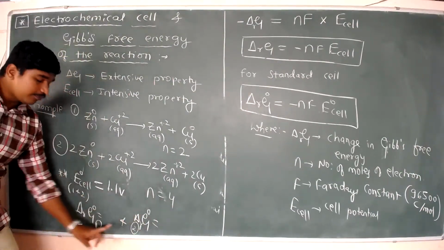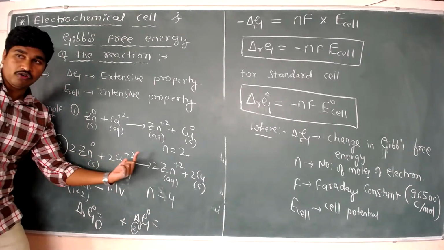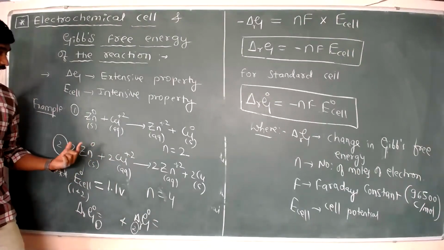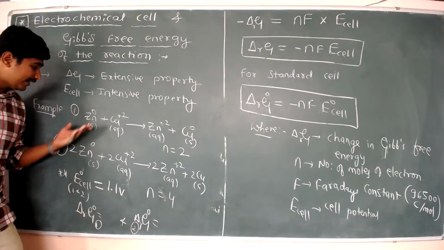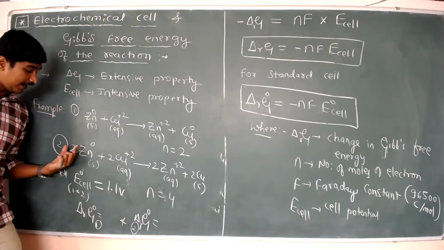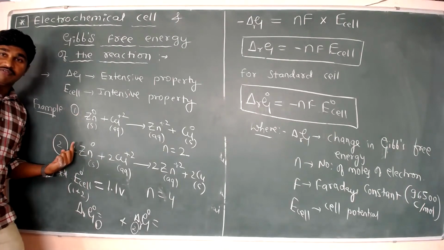It depends upon the amount of matter. I have doubled the amount, just multiplied by 2, which means I have doubled the amount. As the amount of matter changes, delta G is changing. Here it is 1, here I have doubled the amount of matter, so here it is 2.